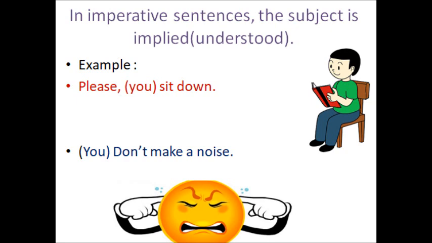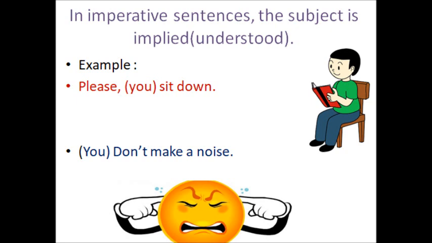So, it's written that in imperative sentences, the subject is implied. Implied means understood. For example, please sit down. Don't make a noise. So children, in such sentences, it is understood that someone is being spoken to.